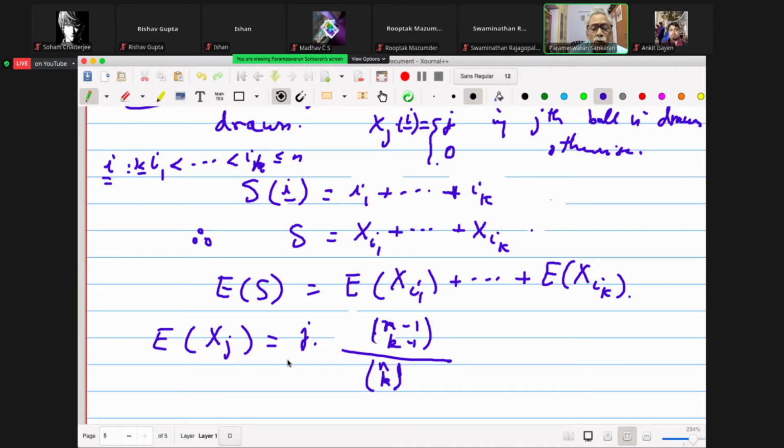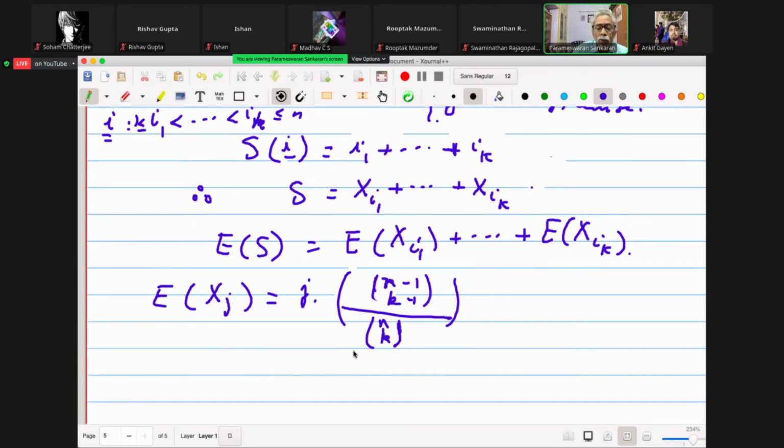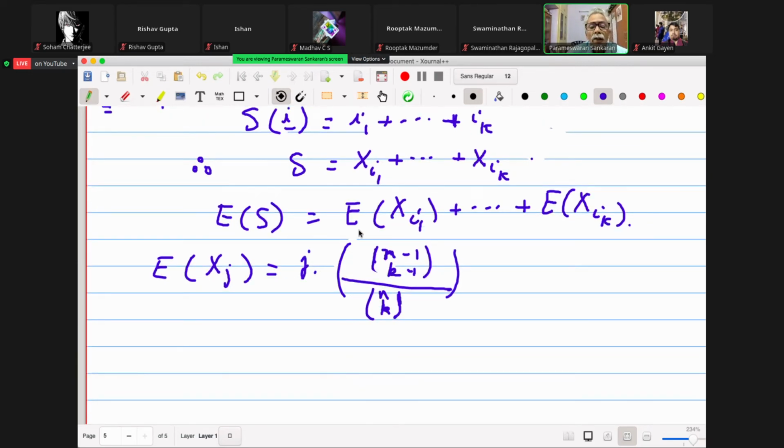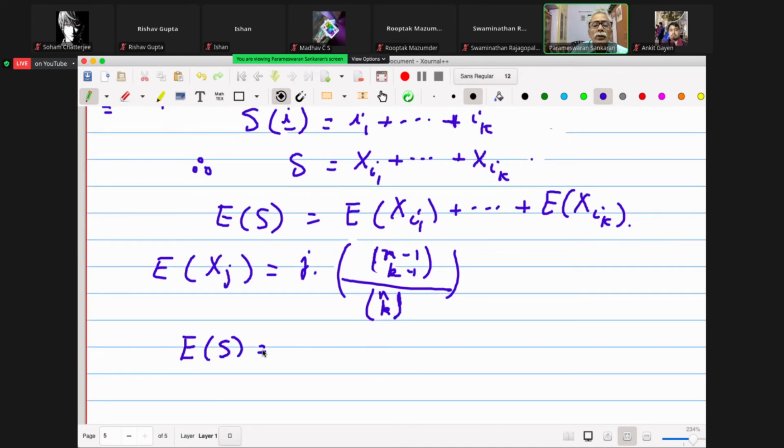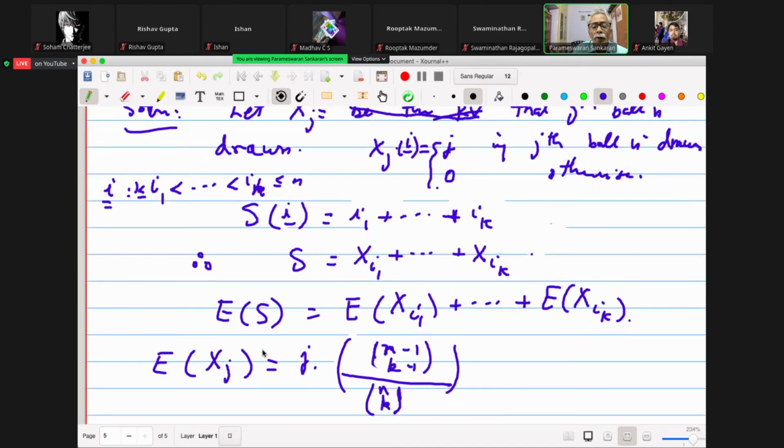So this is the expectation, therefore. This is the probability that one of the chosen ones is j, times j. So this can be simplified and you compute it. In fact, this E of S, it's just a matter of simplification. We have already done it.